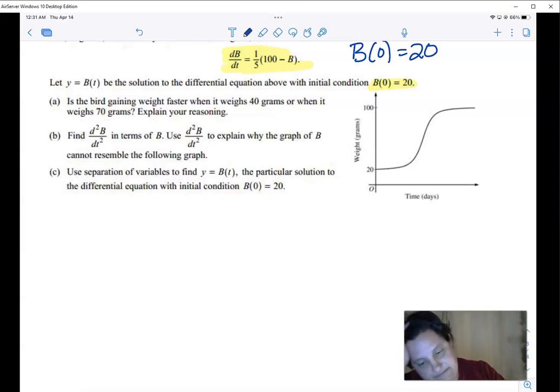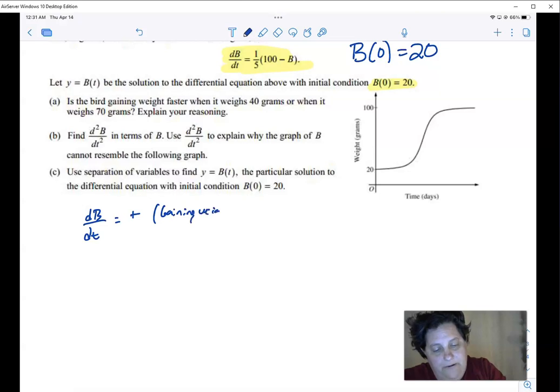Gaining weight faster. Let me think about what we think that means. I haven't looked at the points for this just yet, so let's do a little test and see how we do. dB dt would need to be positive. That means it's gaining weight.